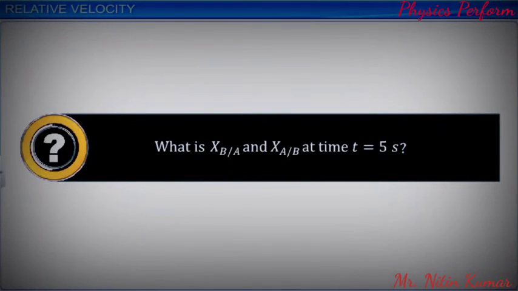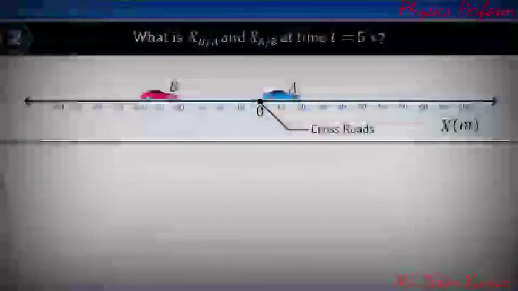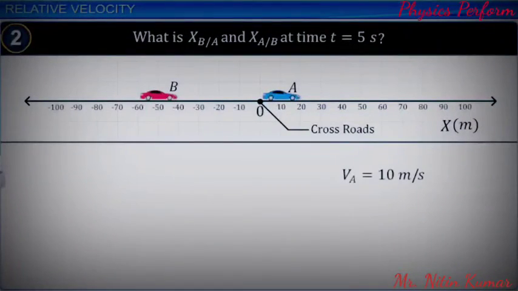2. What is xB/A and xA/B at time t equal to 5 seconds? Here, vA is equal to 10 meters per second. xAO is equal to plus 20 meters. tAO is 0 seconds and tA is equal to 5 seconds.